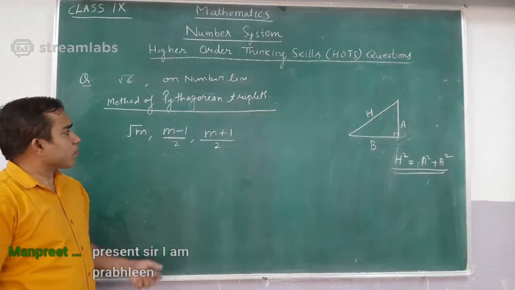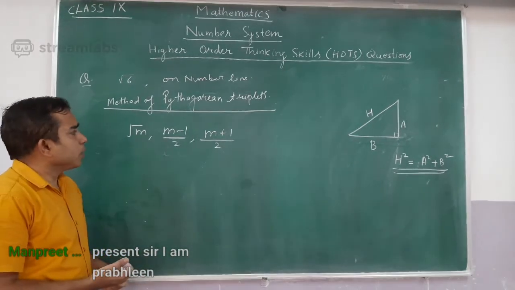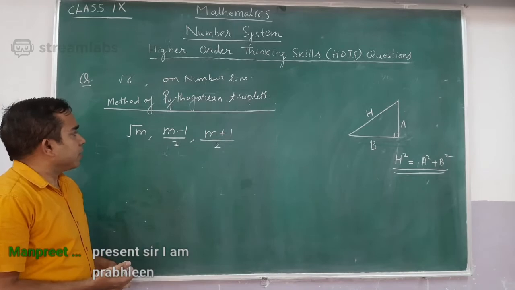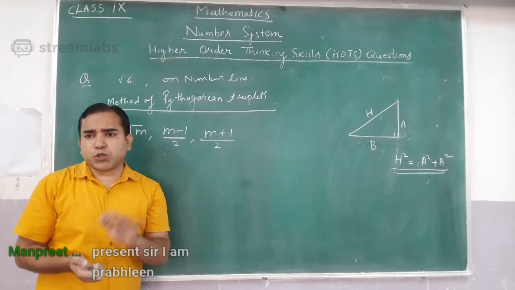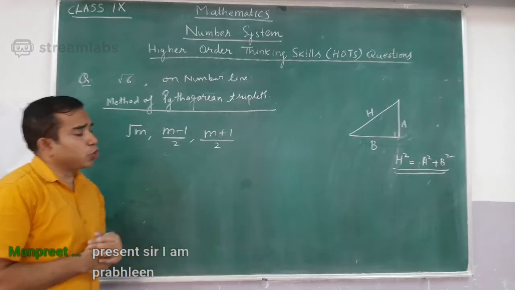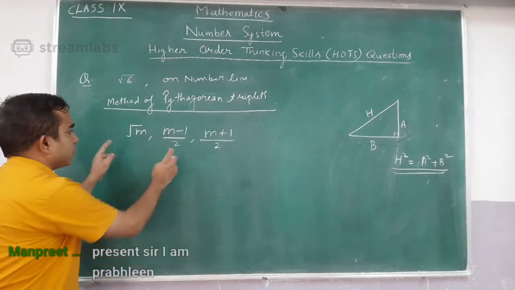See, out of these, this (m plus 1) whole by 2 will be bigger, right? You can compare. If you want to check whether these three numbers are satisfying this Pythagoras theorem or not, you simply have to take the square of the two smaller numbers.